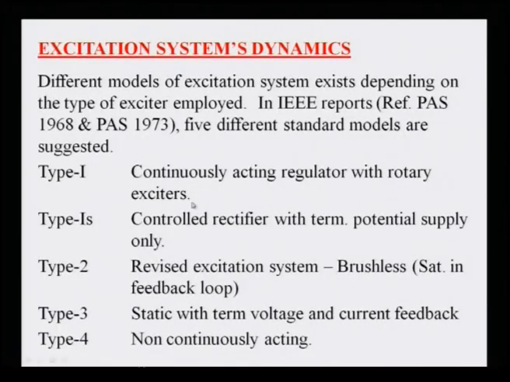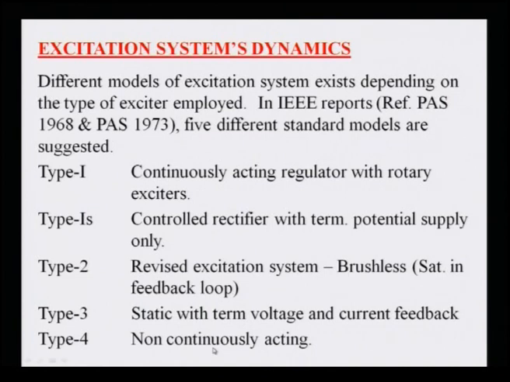Type 1 is a continuously acting regulator with the rotating excitation system. In type 1S, the controlled rectifier has terminal potential supply only, and type 2 is the revised excitation system. This is a brushless excitation system where saturation feedback is included in the feedback loop. Type 3 is the static system with terminal voltage and current feedback.